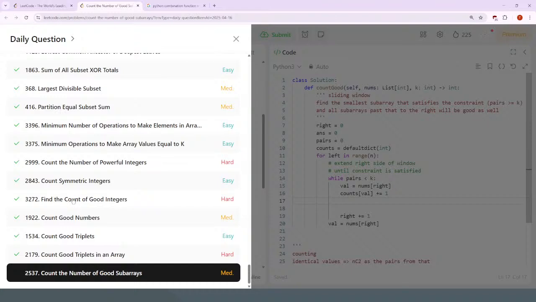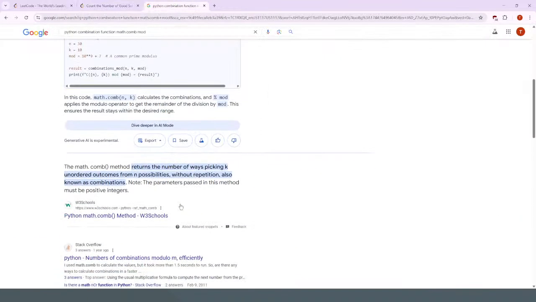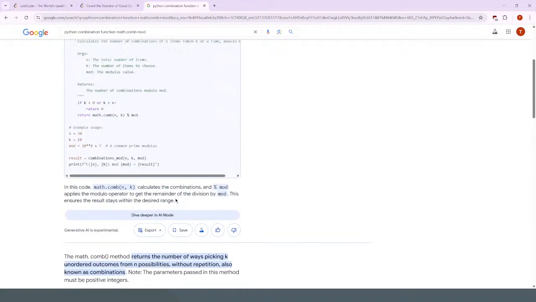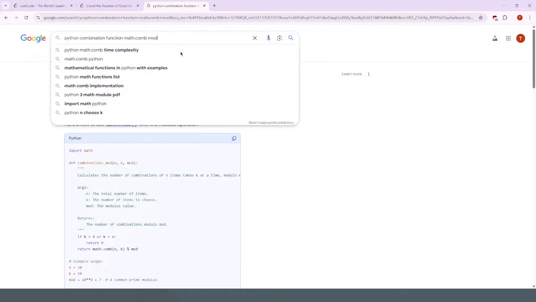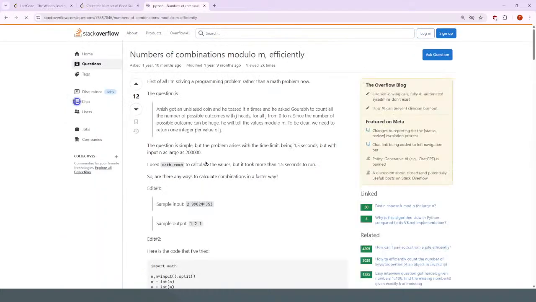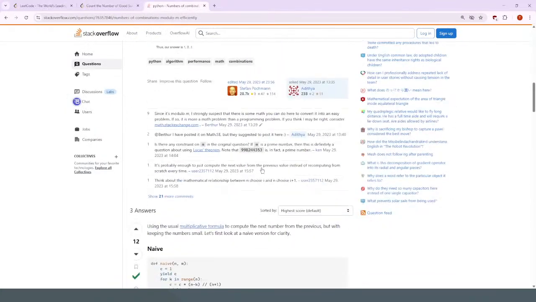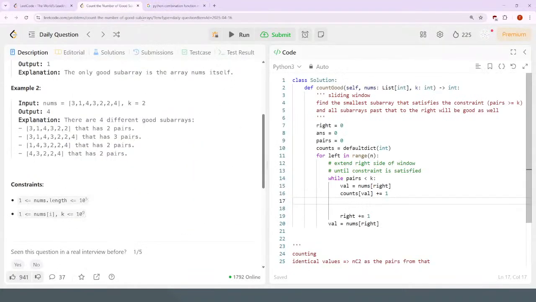Count. There was some recent one that was mod. Alright, I'll have to look at it later on, just to refresh my memory. Okay.